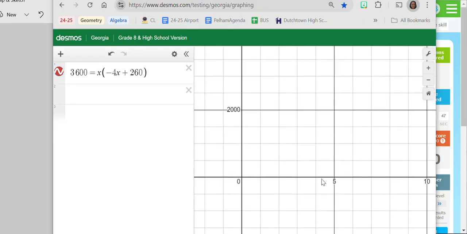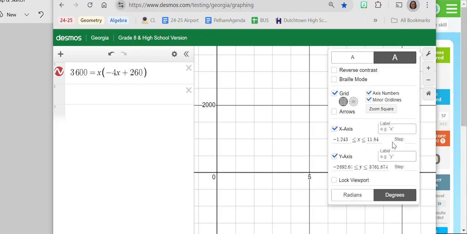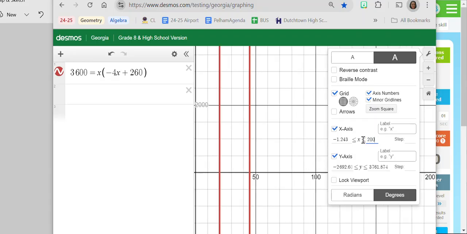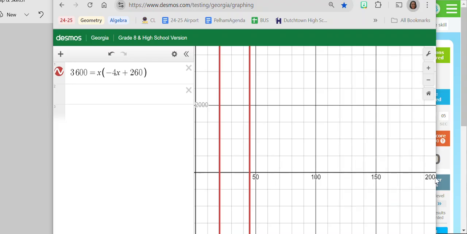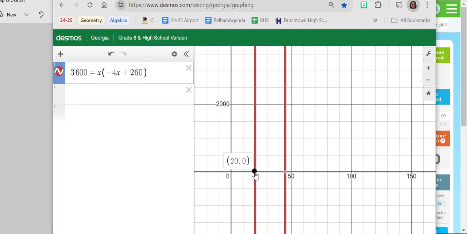X represents what? The price of the tickets? So obviously 10 is not big enough, correct? So how much could a ticket cost? There they are. I went up to 200, okay? But it says right here that the two solutions are 20 and 45.